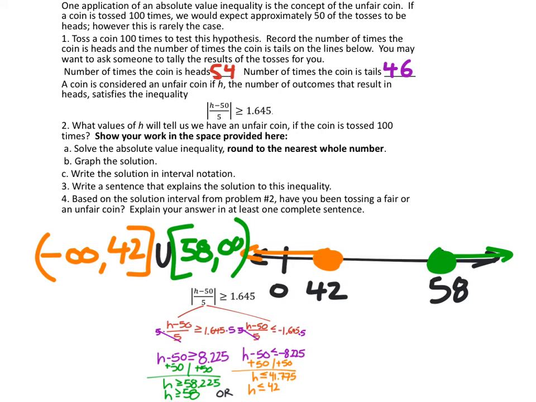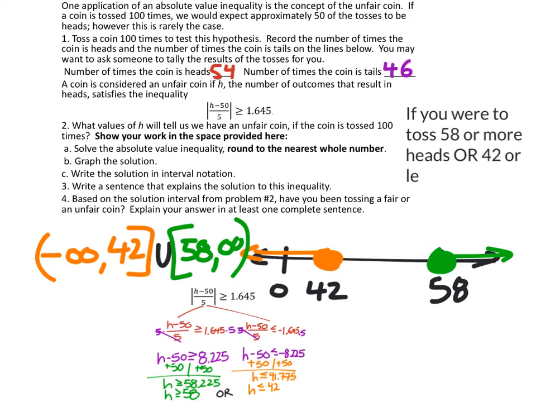I'll say if you were to toss 58 or more heads, and I'll kind of emphasize the or on this, or 42, right? 42 or less heads, then your coin, and again, this goes back to the first part, the coin is unfair.